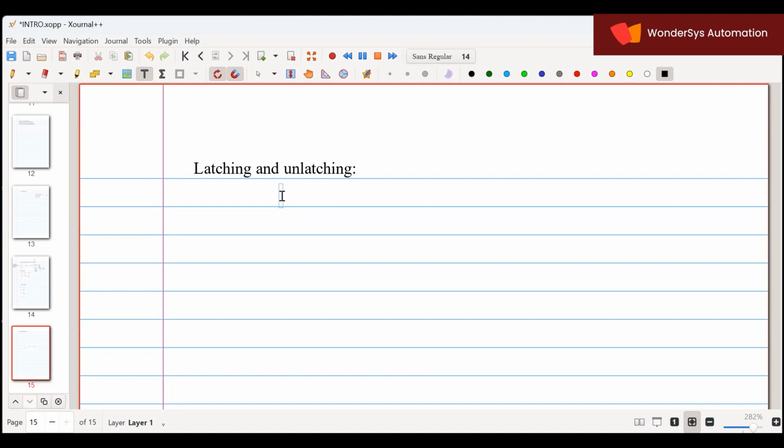Now, what is unlatching? Can anyone tell? Guys, can anyone tell what you mean by unlatching? Breaking the latch is nothing but unlatching.